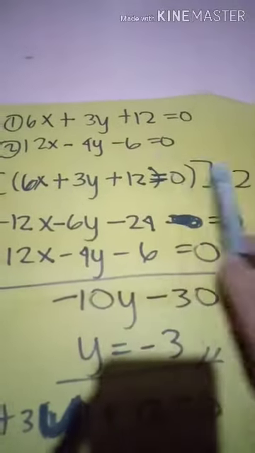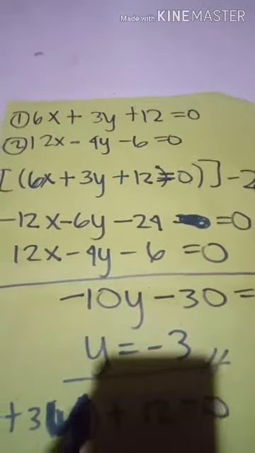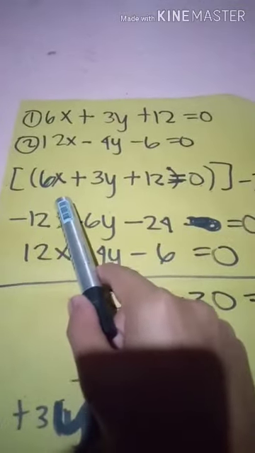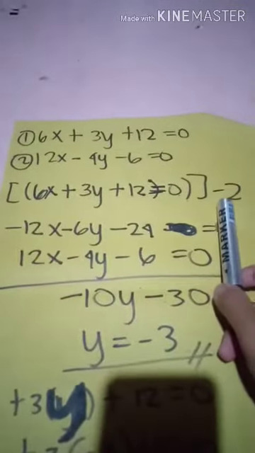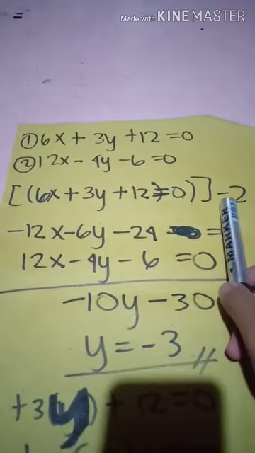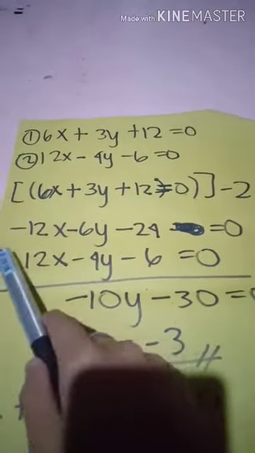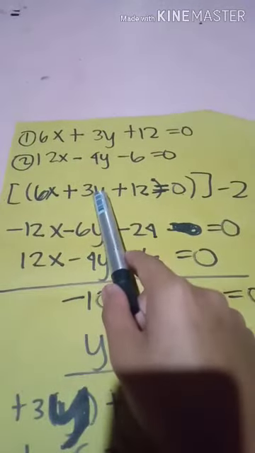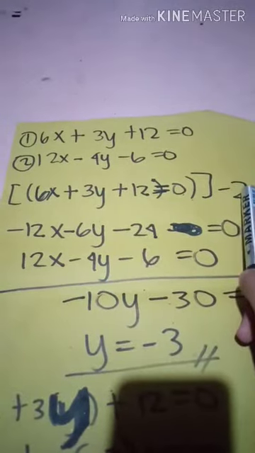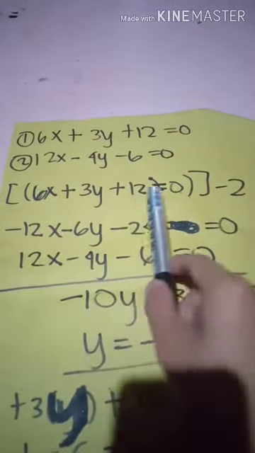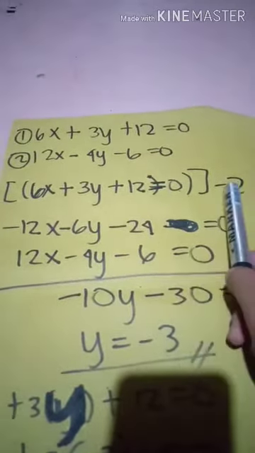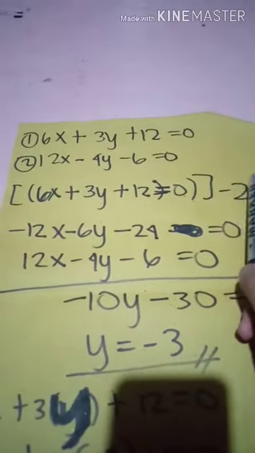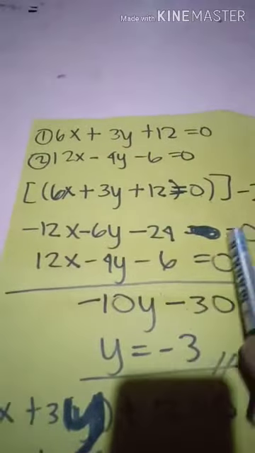So 6 ay atong multiply og negative 2. So 6x times negative 2 is equals to negative 12x. So positive 3y times negative 2 is negative 6y. Positive 12 times negative 2 is negative 24 equals to 0.